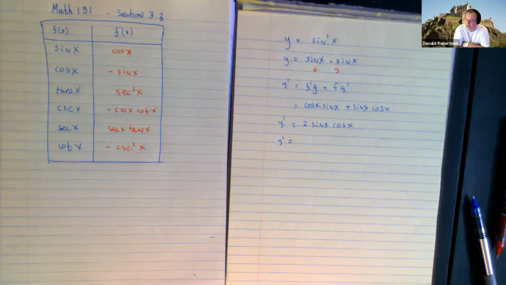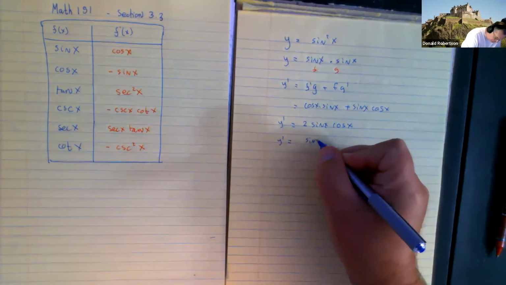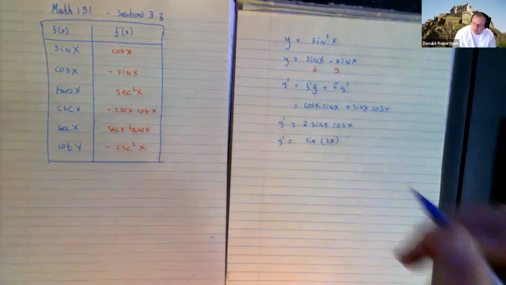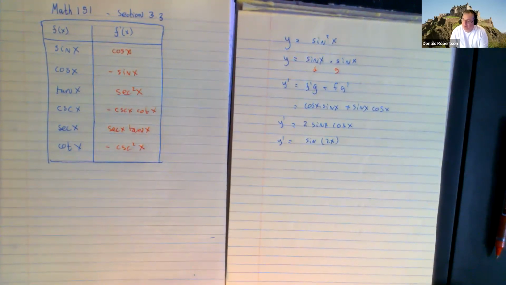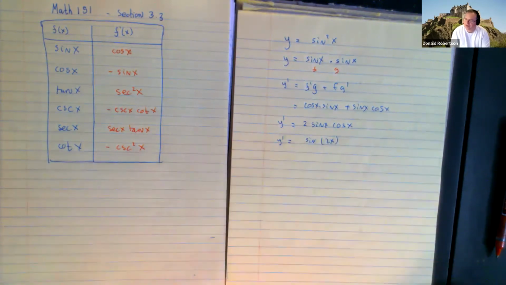What is it equal to? No takers? You remember it now? 2 sine x cosine x is the sine of 2x. So this would be considered the best form of that answer.